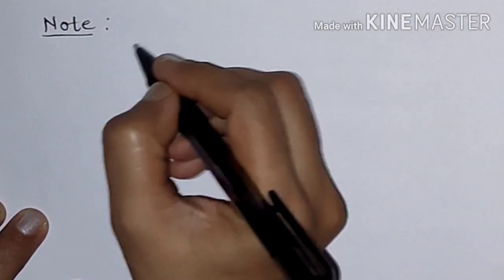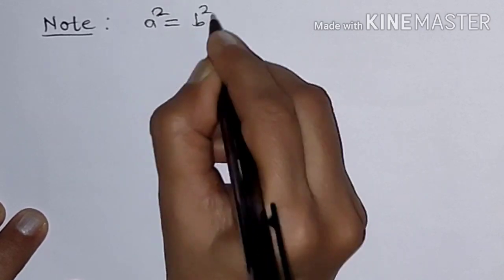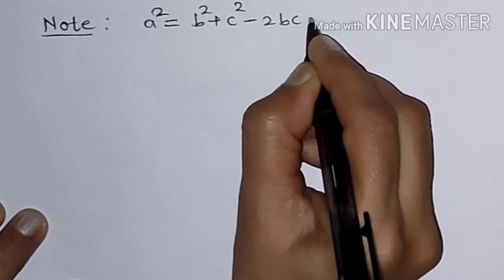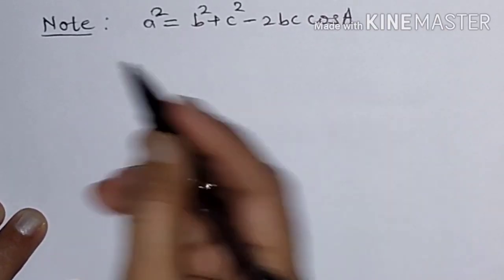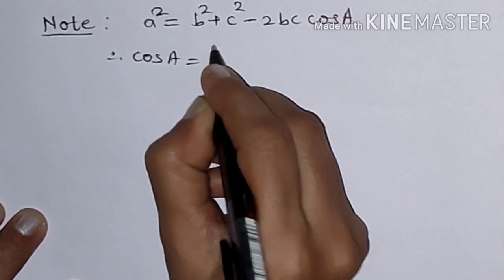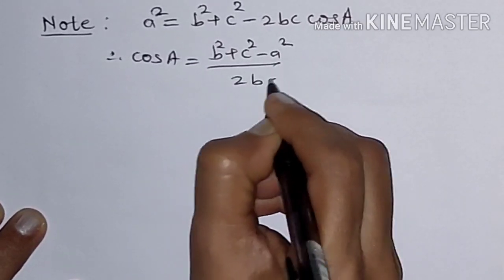Note, we have proved that a square is equal to b square plus c square minus 2bc cos A, and if we rearrange the terms, we get cos A is equal to (b square plus c square minus a square) upon 2bc.